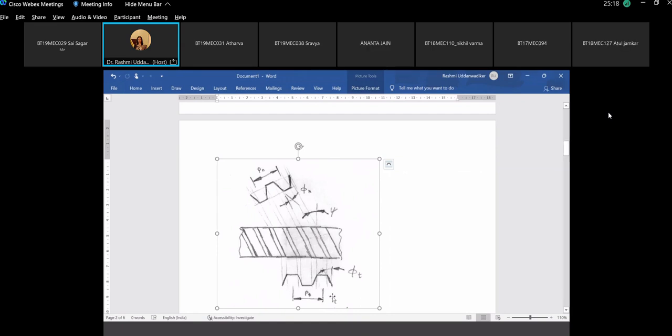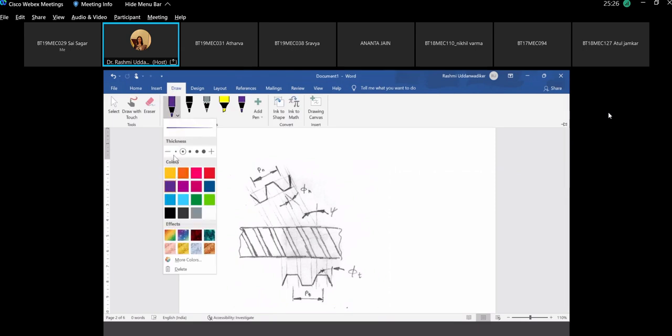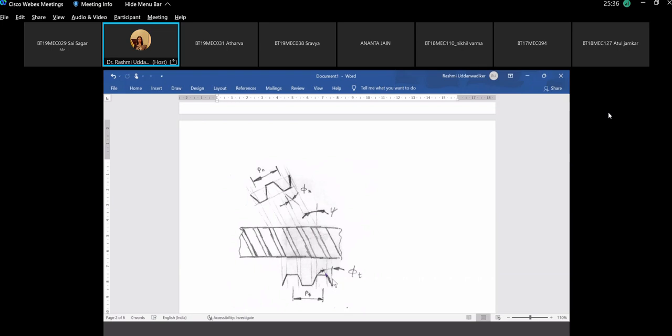In a spur gear, this is how the tooth is shaped. So this is the tooth. And we know that this is the pressure angle. In terms of the face of the tooth and this line, this is the pressure angle, phi t.